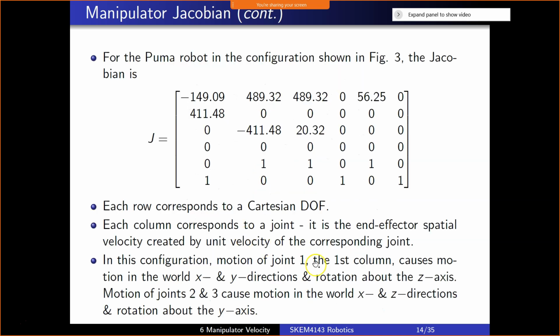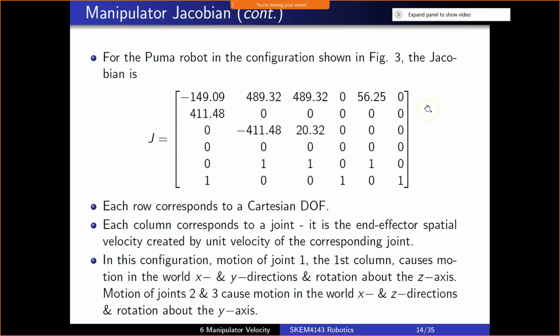All right. If that's the case, that will cause motion in the world x and y directions and rotation about the z-axis, as given by the first column. All right, so joint number 1 corresponds to the first column.